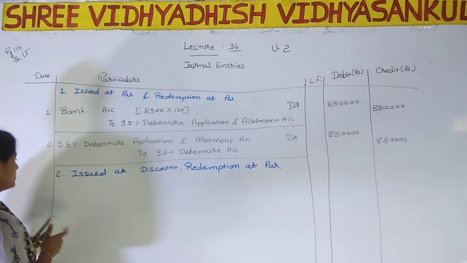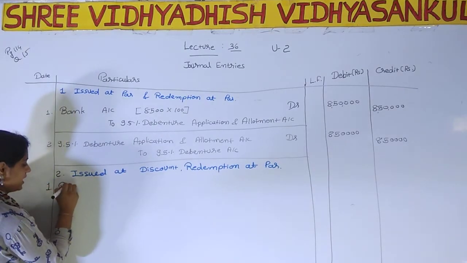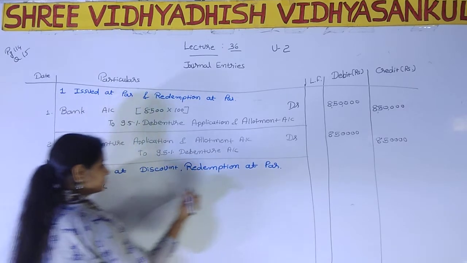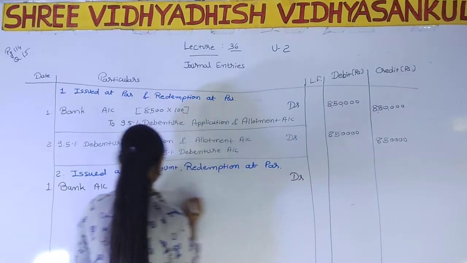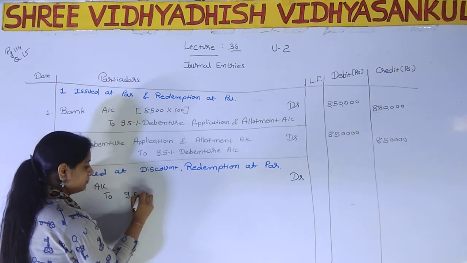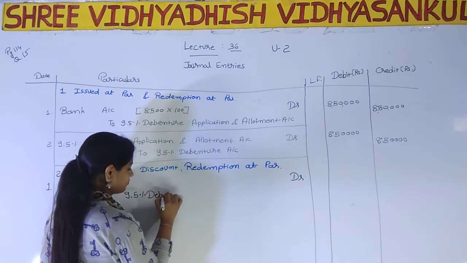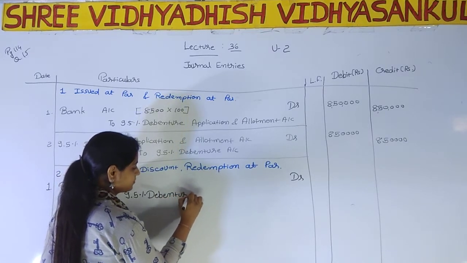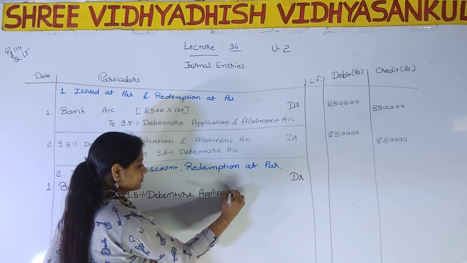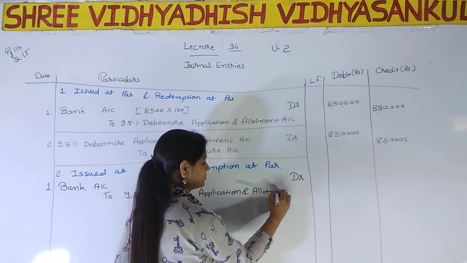Right? So the first entry will remain common: bank account debit to 9.5% debenture application and allotment account.